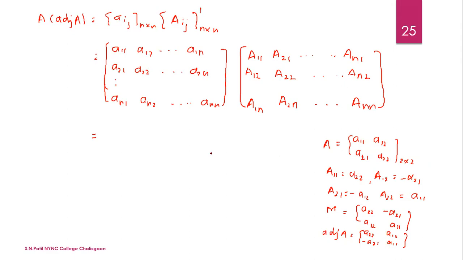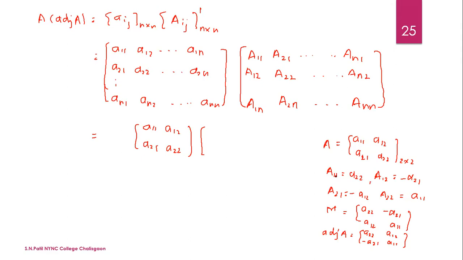See, we write the matrices here. This is the A matrix: A11, A12, A21, A22. We have taken a particular case, 2 by 2 instead of n by n, and this is the adjoint of the matrix. So these are the actual entries.